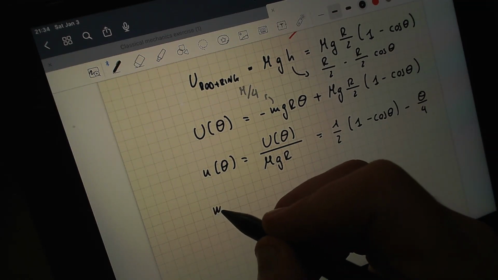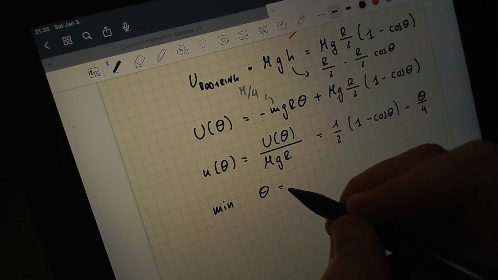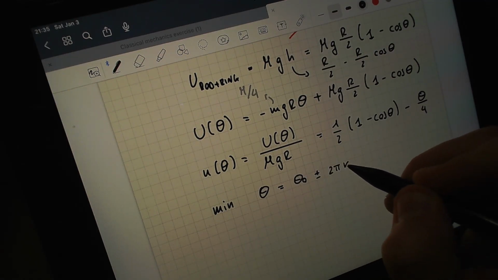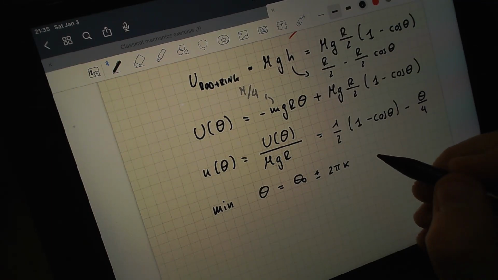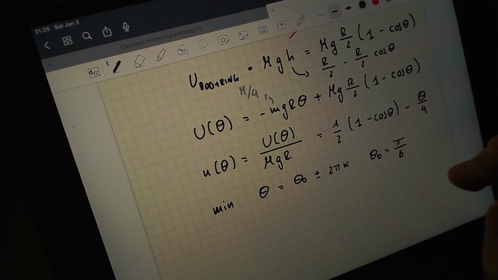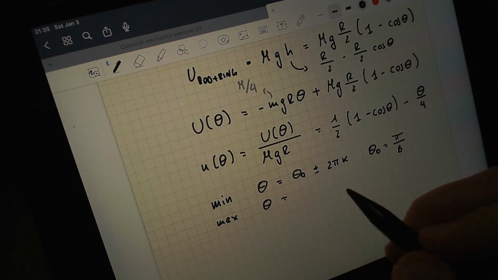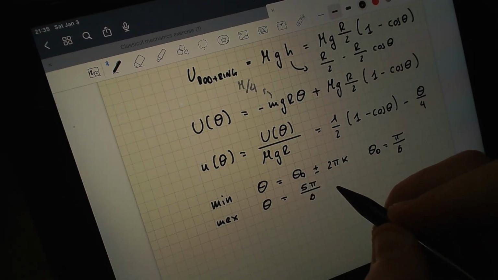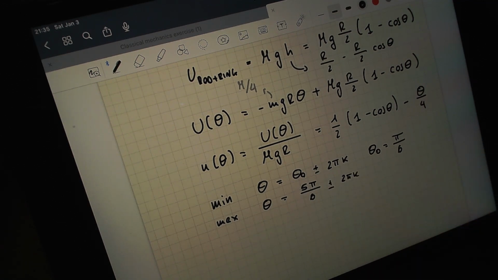We know that the minima of the function u are at theta equal to theta 0 plus or minus 2 pi times k, where k is an integer number and theta 0 again is pi over 6, as we said, and the maxima of this function are for theta equal to 5 pi over 6 plus or minus 2 pi k.